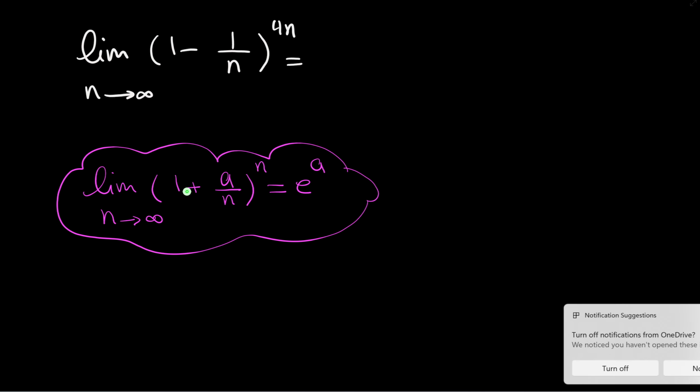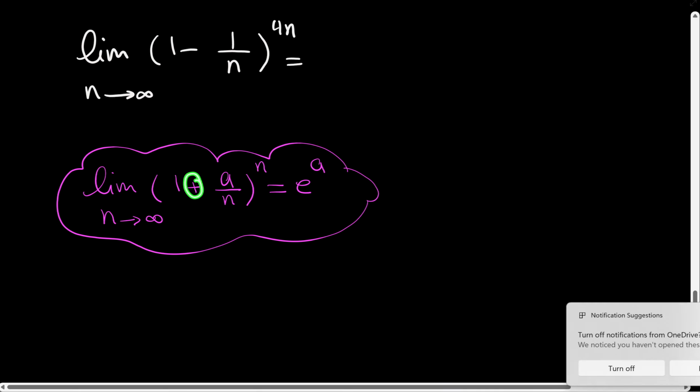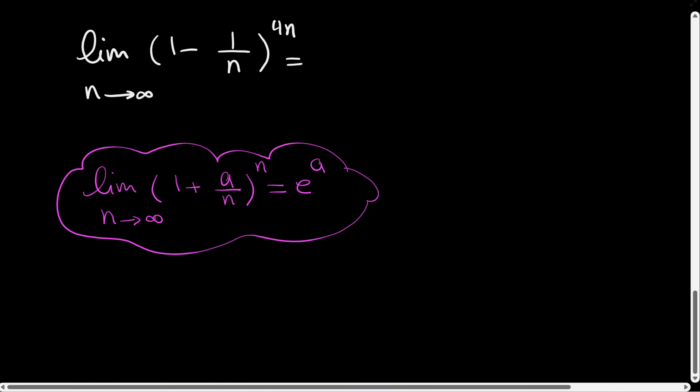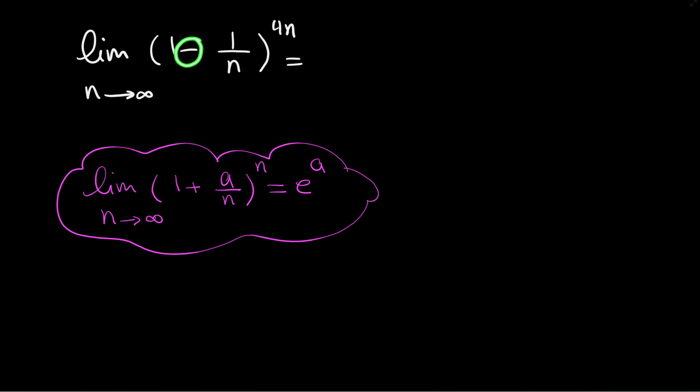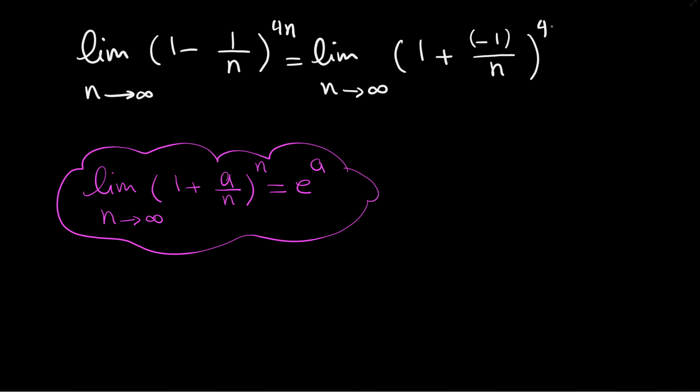And we have 1 plus a divided by n. But here it's 1 minus. So let's rewrite the question. I can rewrite it as limit when n approaches infinity, 1 plus negative 1 divided by n to power 4n.